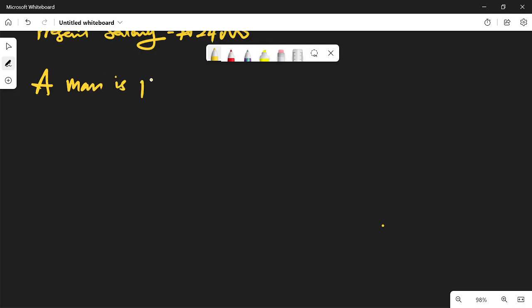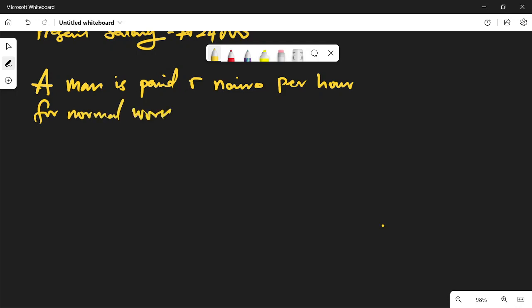A man is paid R naira per hour for normal work, and double rate for overtime.